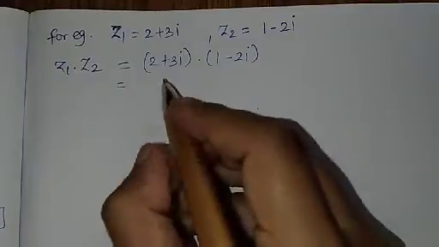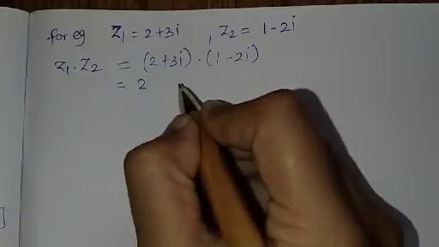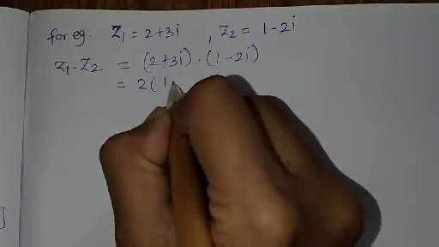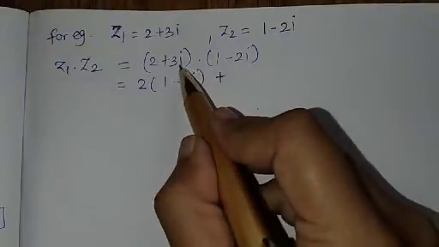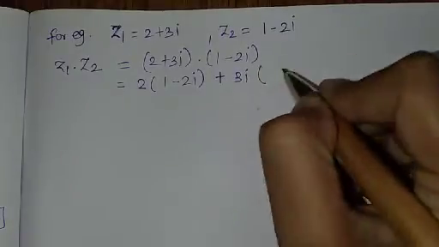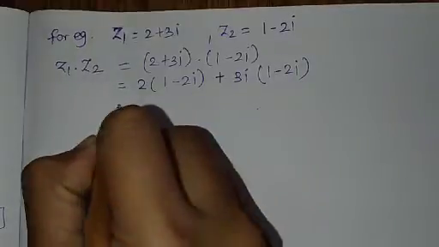Simply, the first term of the first bracket is 2 and we have to multiply this 2 into the second bracket, that is 1 minus 2i, plus the second term of the first bracket is 3i and again multiply 1 minus 2i.